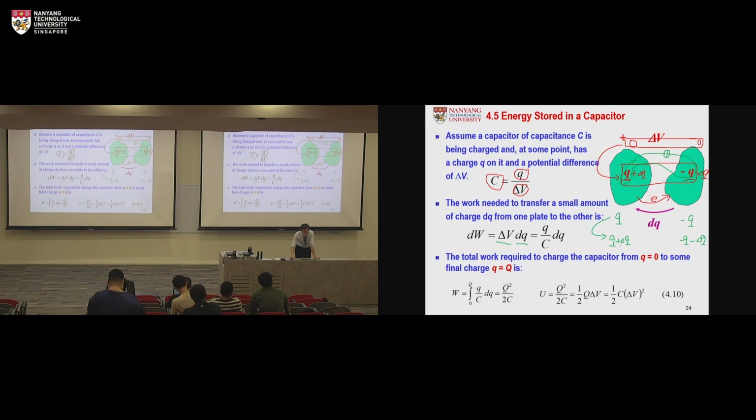This dq is the charge you are moving from one plate to another plate. Because between these two plates there is a potential difference delta V, in order to move this delta Q from one plate to another, this is the work you need to do. Another way to say this is the energy accumulated inside the capacitor.